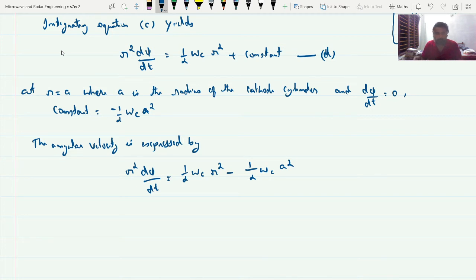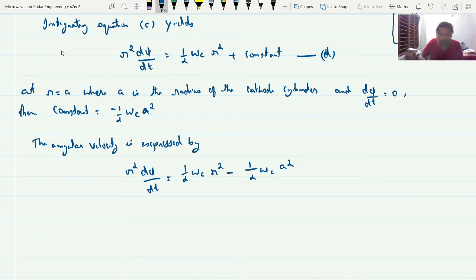At r equal to a, where a is the radius of the cathode cylinder and d phi by dt equal to 0, the constant becomes minus 1 by 2 omega c a square. So now the new angular frequency is expressed.